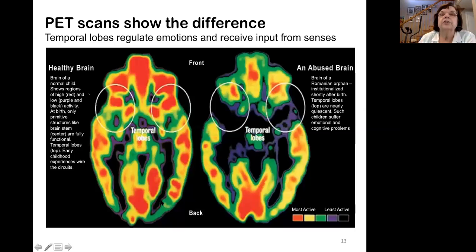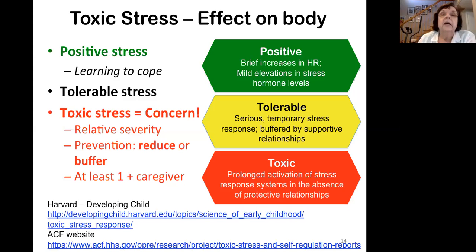And this actually then shows some differences of brain, a healthy brain and an abused brain. The temporal lobes are nearly quiescent, meaning there's not much activity, whereas here, there's a lot that goes on. So I think this is like the reinforcement that there is some validation in the rewiring hypothesis.